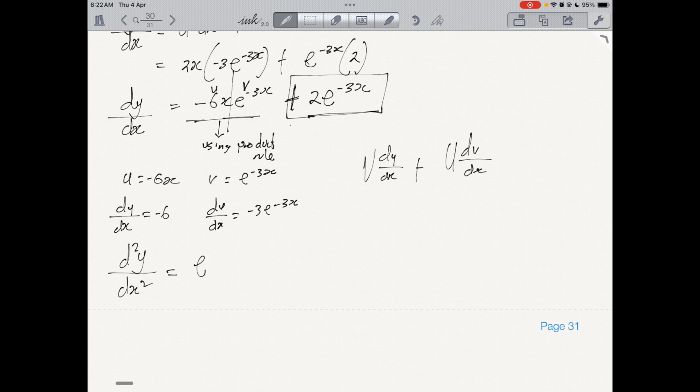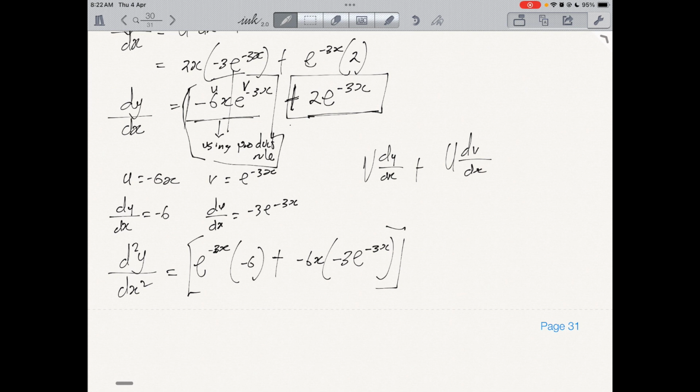That's exponential minus 3x multiplied by du dx, that's minus 6, plus u, minus 6x, multiplied by minus 3 exponential minus 3x. Now we have been able to differentiate this using product rule. Now we can differentiate the other term, and that will give us plus 2 into minus 3 exponential minus 3x.